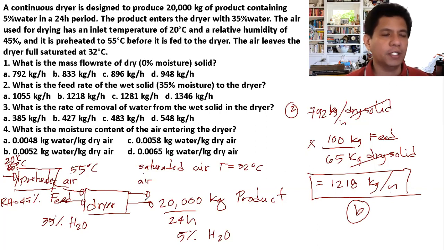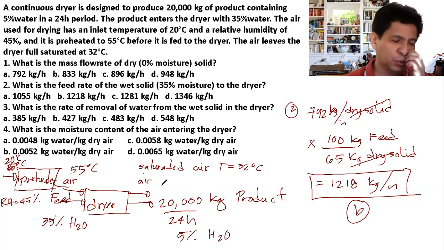Okay. Number 3. What is the rate of removal of water from the wet solid in the dryer? So if you will just imagine, ano, it is asking you to find the amount of water removed from the feed.